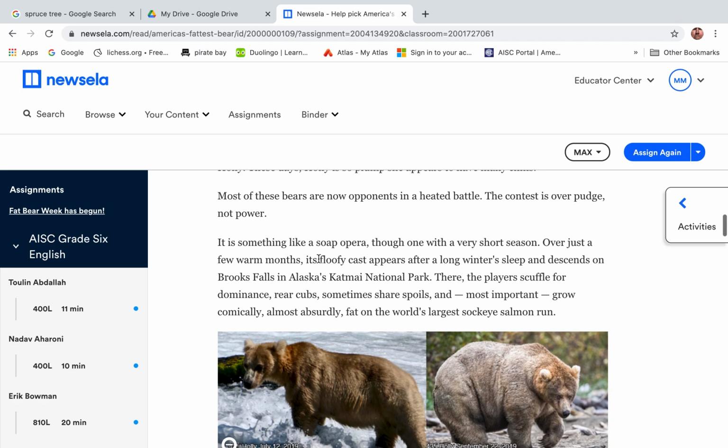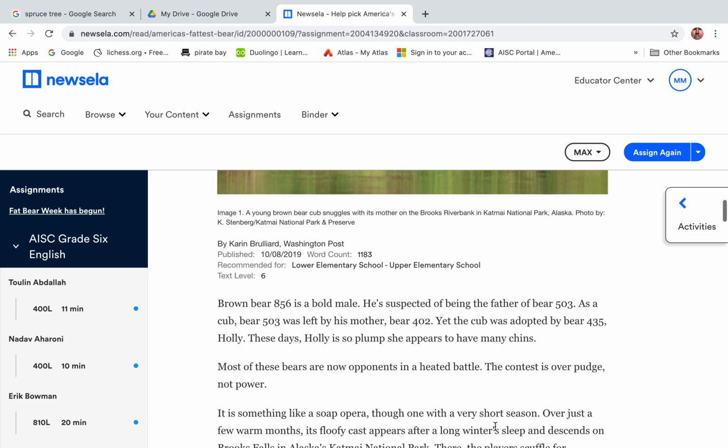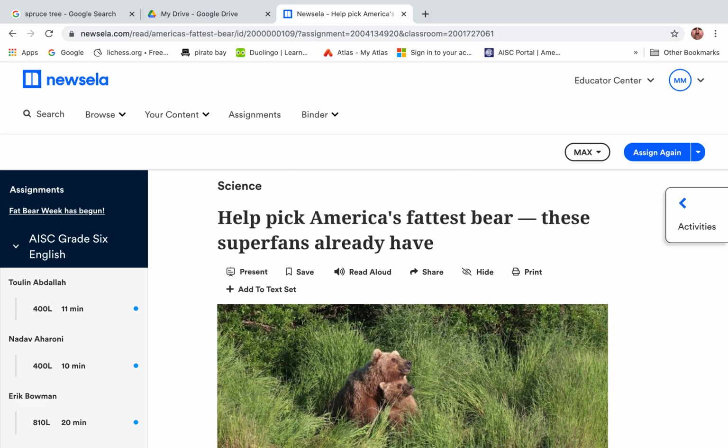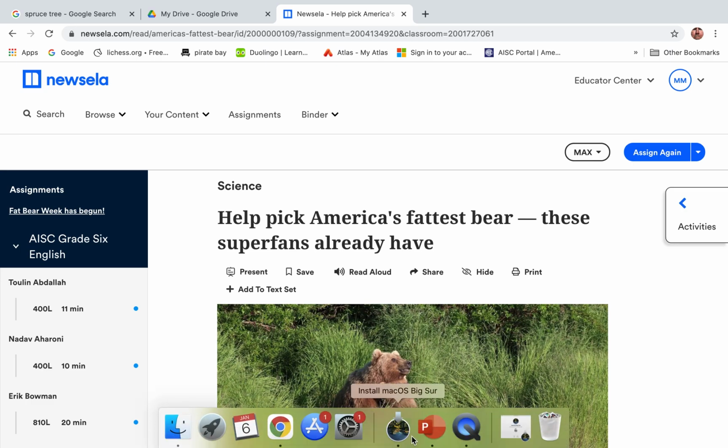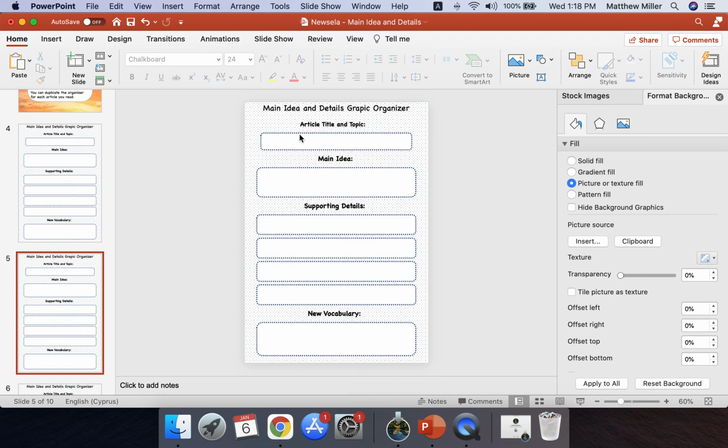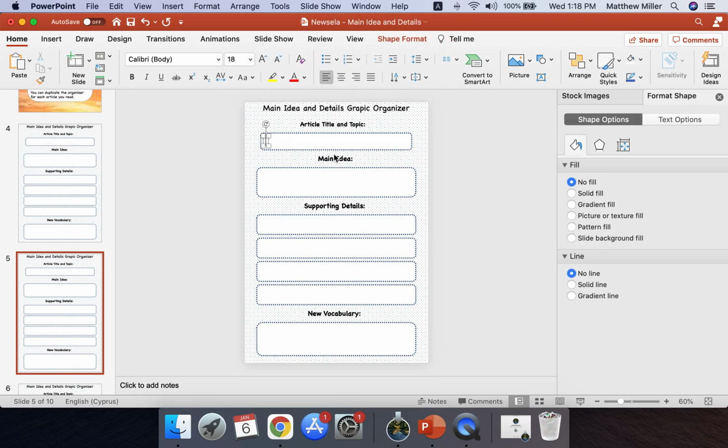Okay, well, all right. So let's go back here to my graphic organizer. The title is Help Pick America's Fattest Bear. So I'm going to put that right here under article. I'll make it a little bit smaller, let's make it 16. Help pick America's fattest bear.